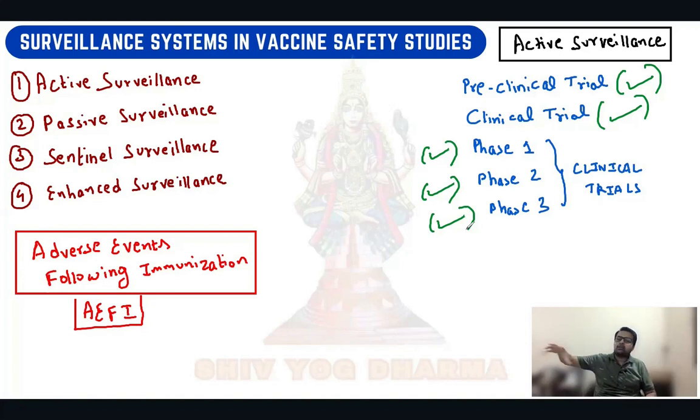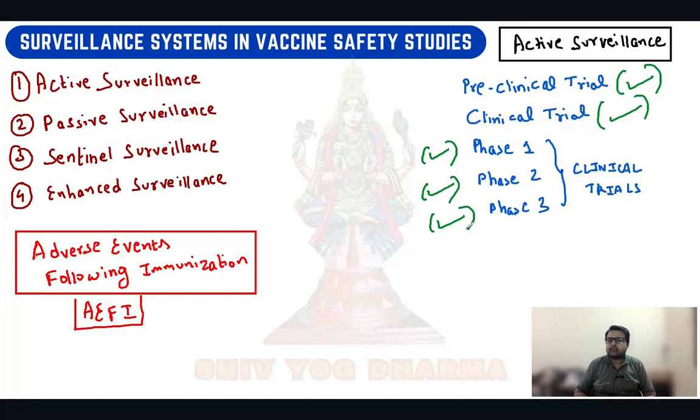Did they exhibit any side effect in the long term? Did they exhibit any AEFI, adverse events following immunization, after 6 months, after 12 months, after 2 years of vaccination? All that kind of study we do in the phase 3 clinical trial. So this is basically the idea.